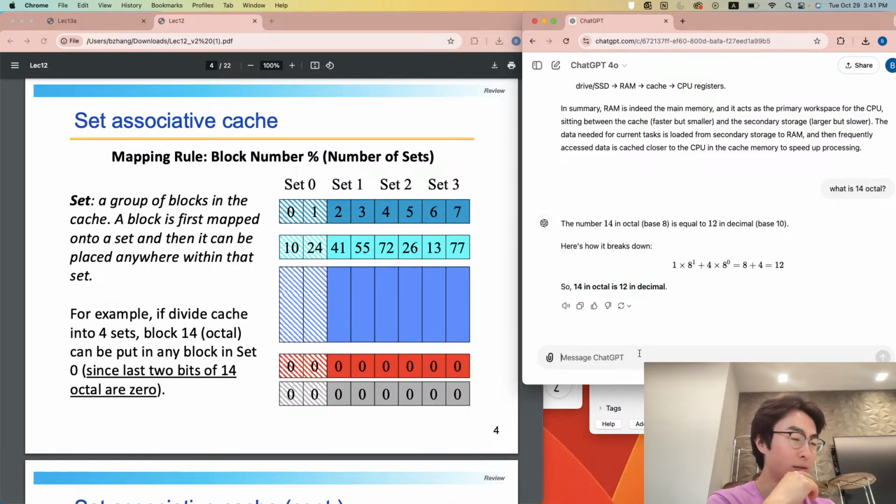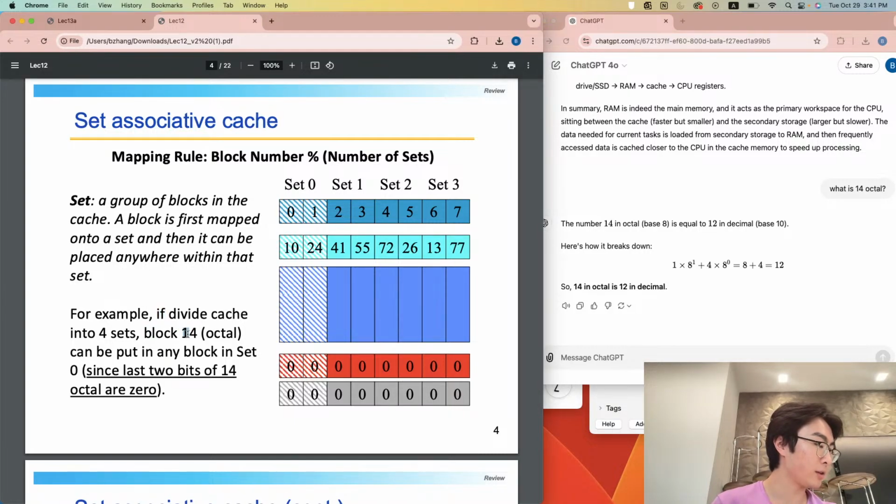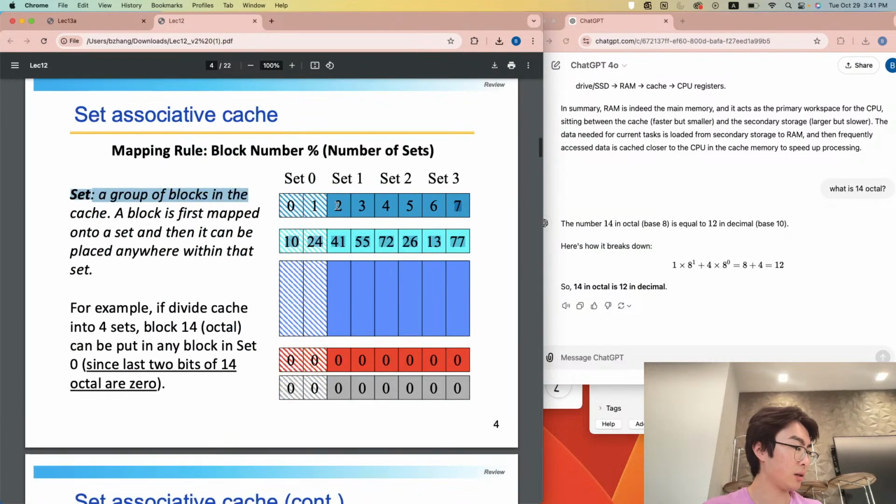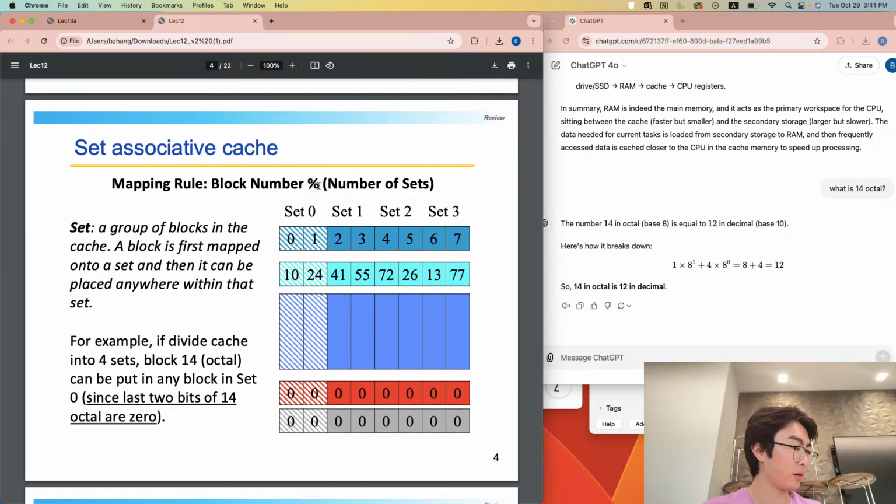It's just C. Block 14. Okay, so that's the 12th block. But in this case we have 7 or 8. Okay, block number mod number of sets.